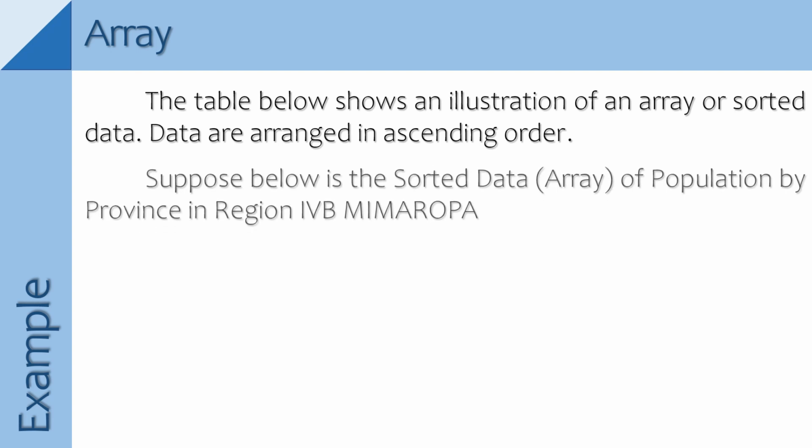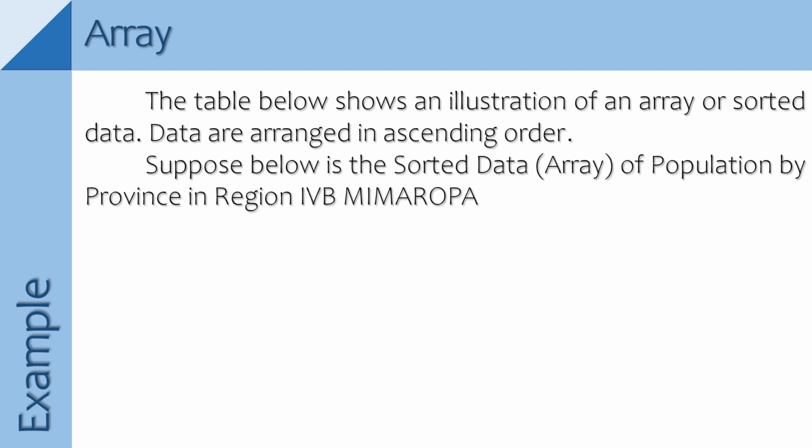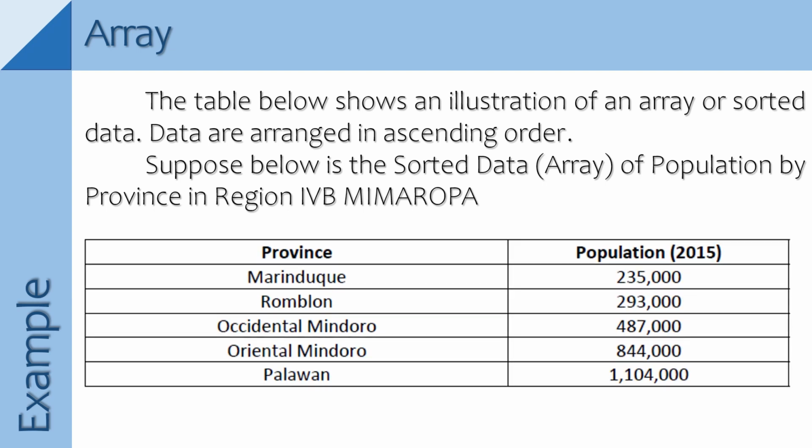Suppose below is the sorted data of population by province in Region 4B, or MIMAROPA. Here is the table. The first column is assigned as the province: Marinduque, Romblon, Occidental Mindoro, Oriental Mindoro, and Palawan.